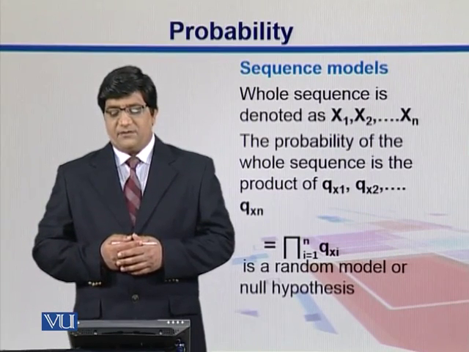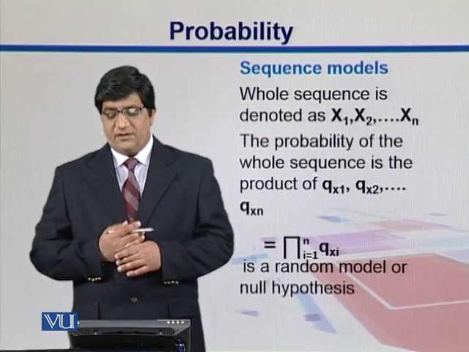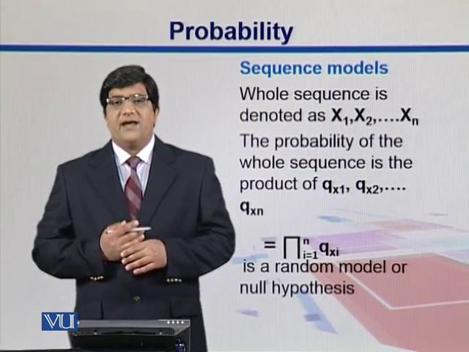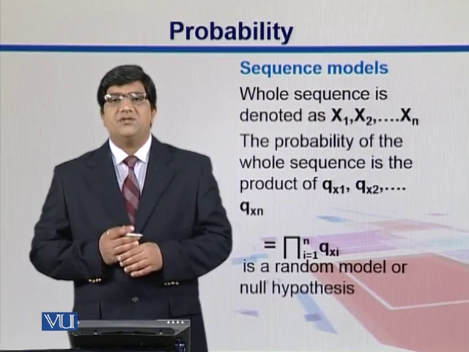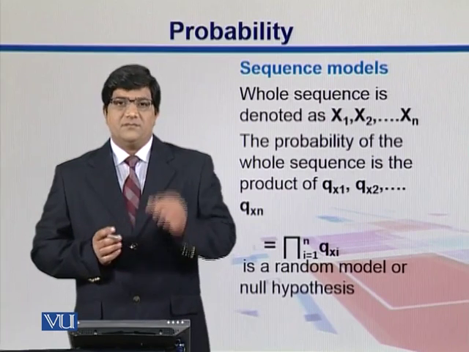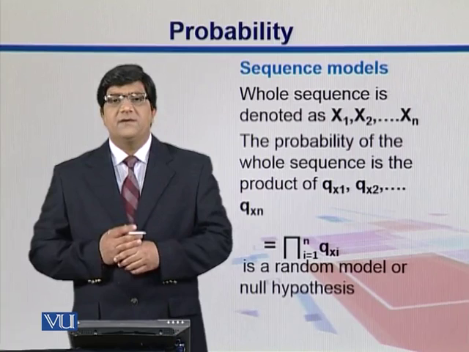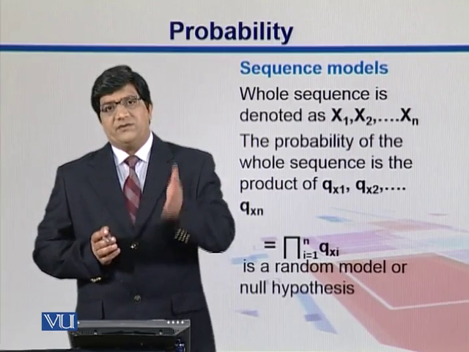For example, the sequence can be represented as x1, x2 up till xn, where x is a particular position, or we can say a different state, and then we can have x2, which is the next nucleotide.